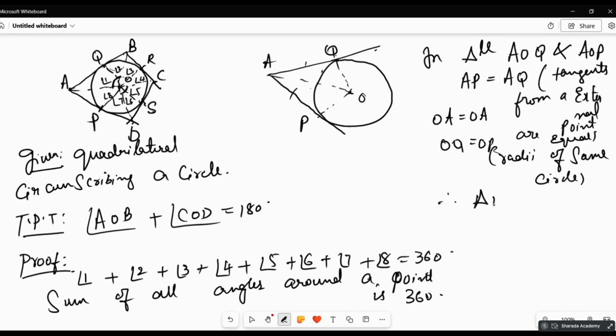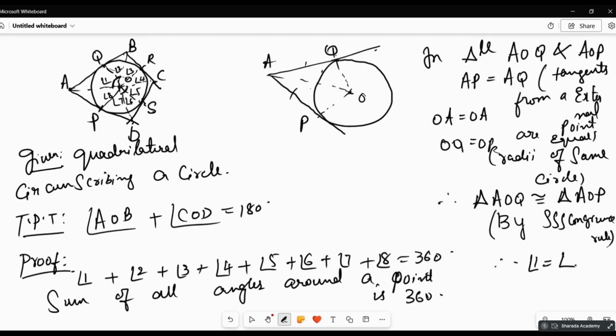Therefore, triangle AOQ is congruent to triangle AOP by SSS congruency rule. Therefore, angle 1 is equal to angle 8 by CPCT rule.